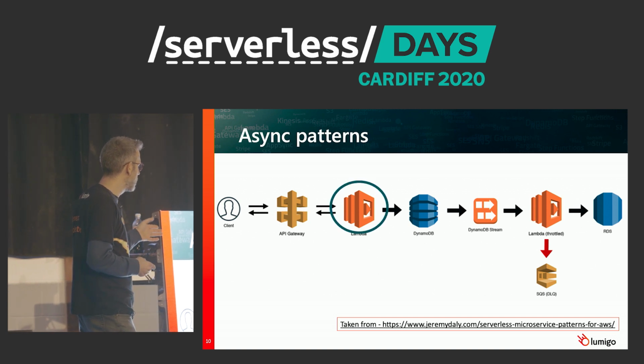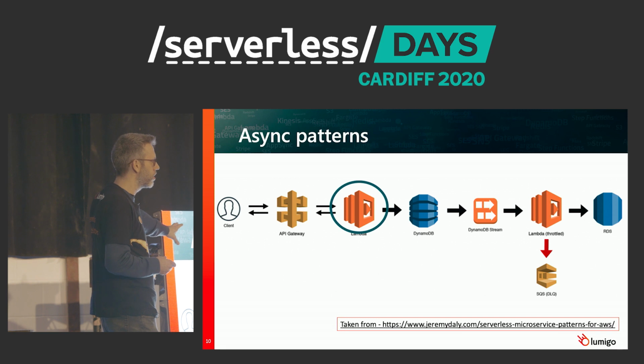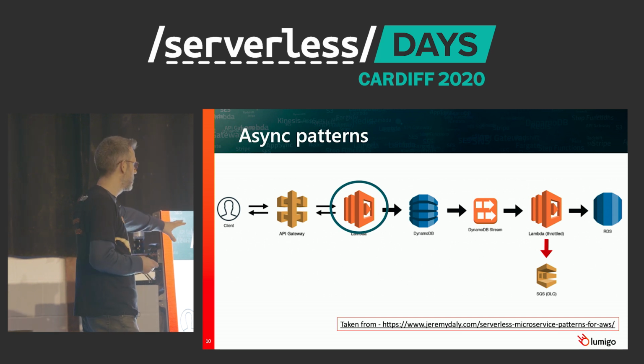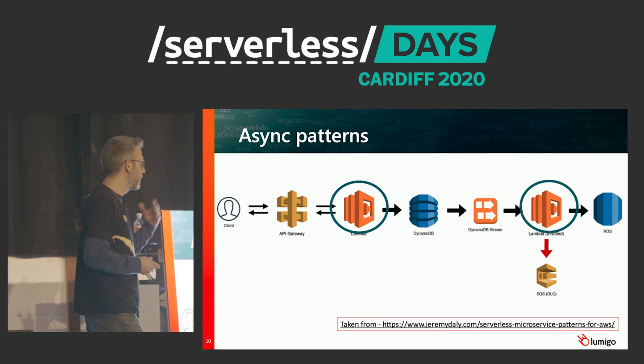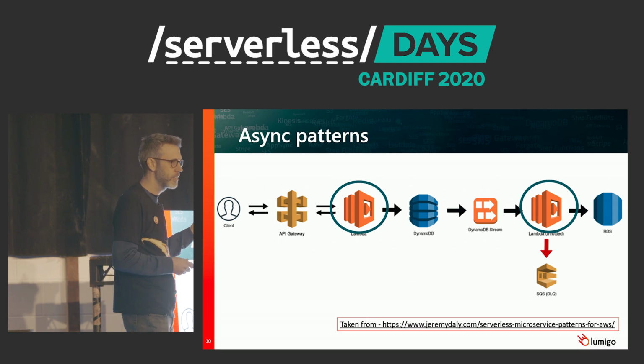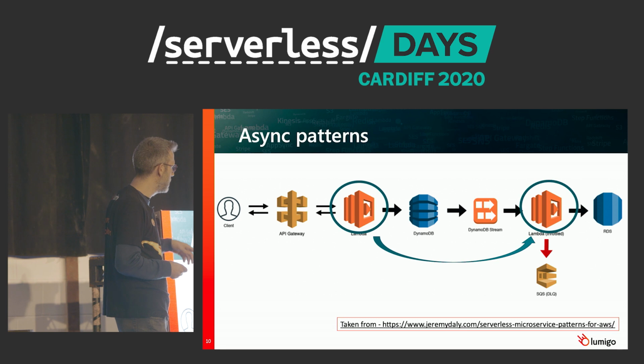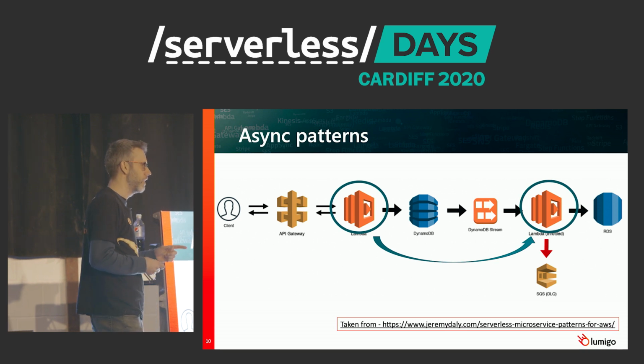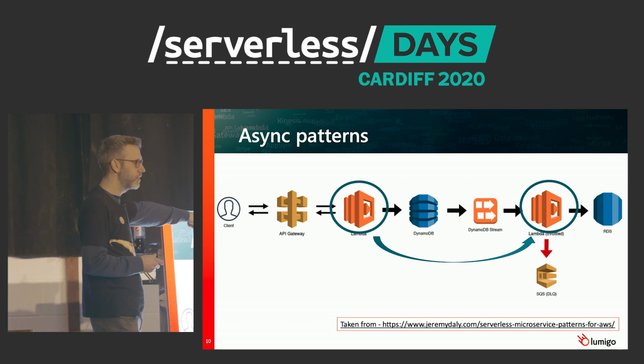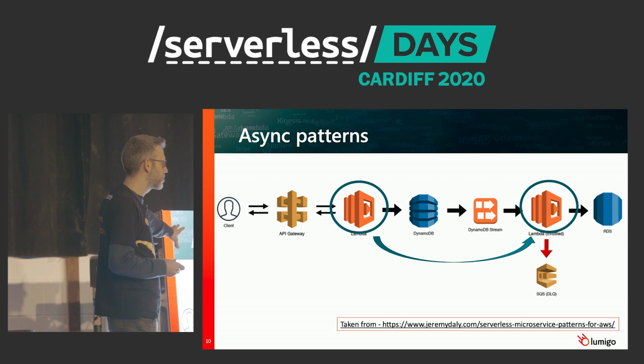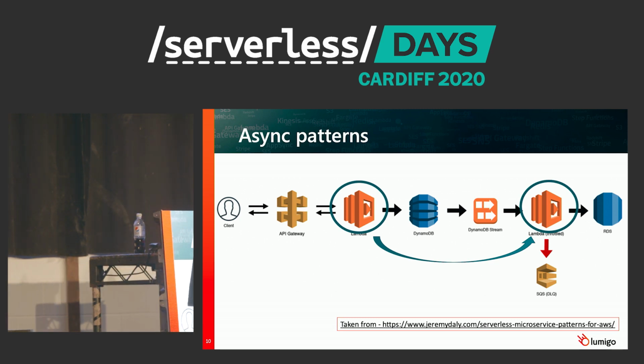So in this example, we have one Lambda, which is calling synchronously to the DynamoDB. But implicitly, it's actually calling the second Lambda asynchronously, because that DynamoDB is going to call a stream, and eventually the second Lambda will be called. And although they're not directly connected, I still very much want to understand how they are connected.